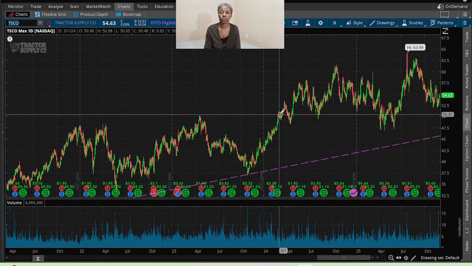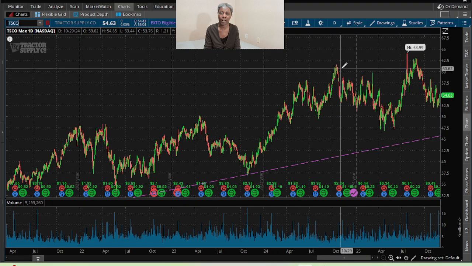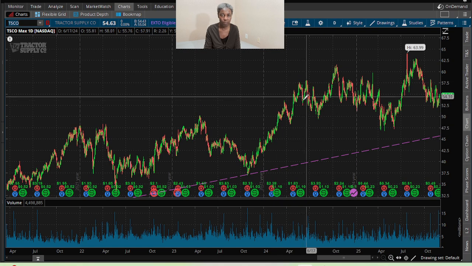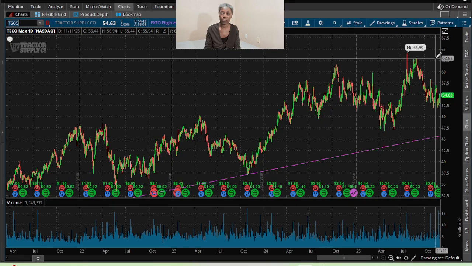If it continued to make higher highs for a while, then you might decide to stay in the trade for half that time frame before you get out. So those are the two exit strategy points we have.